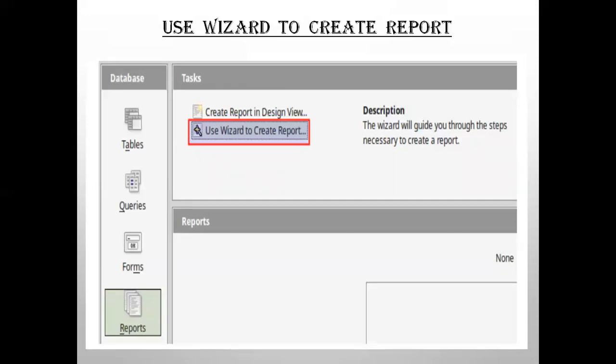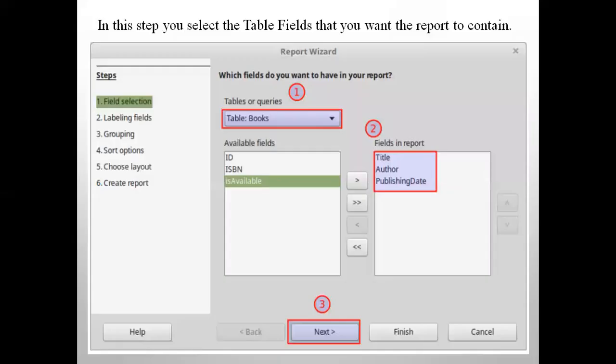First, you have to open the database file window. From the left pane, click on Reports. And from the right side, click on Use Wizard to Create Report. Then you have to select the table or query from which the contents should come for your report.